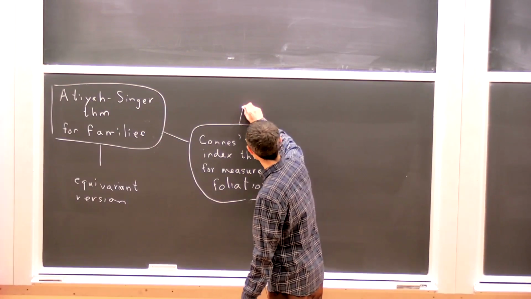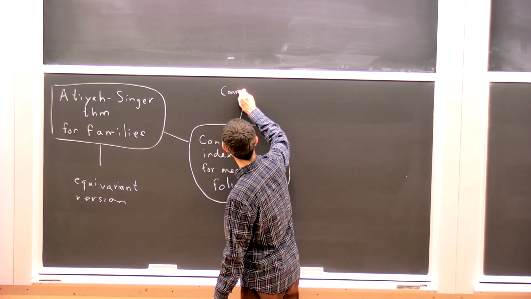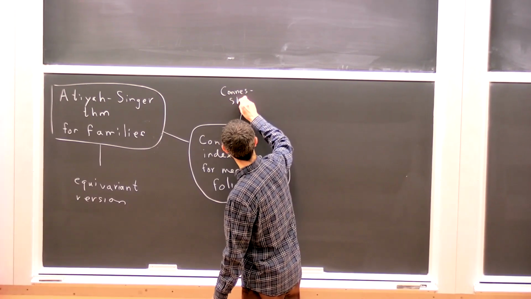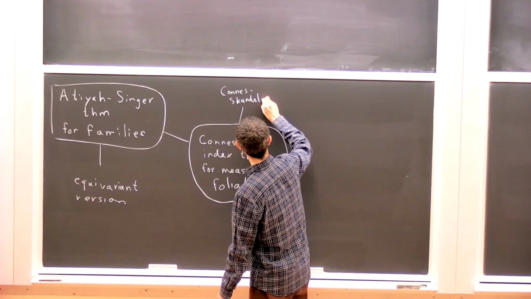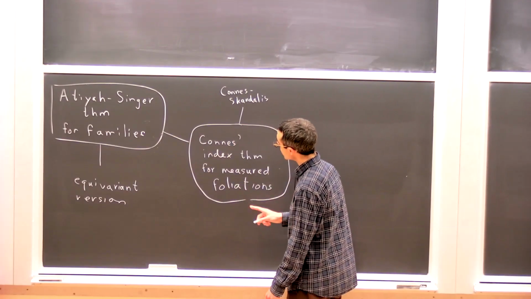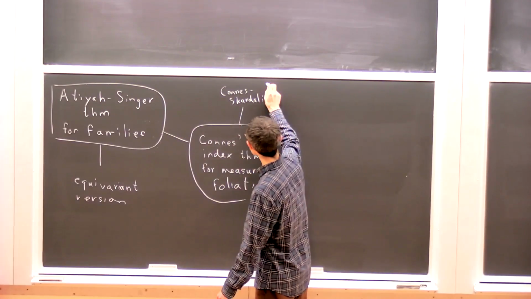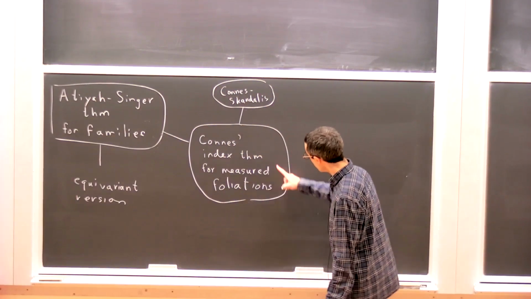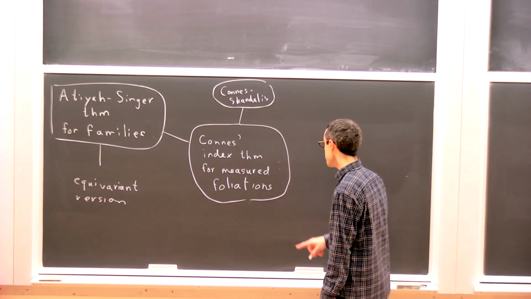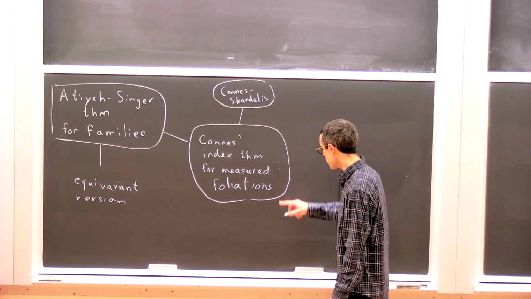There's also a stronger theorem that I'm not going to say anything about today, due to Kahn and Scandalis, which is essentially a direct generalization of this theorem. Okay, but I won't say anything about that today. But this will be relevant for today. And then this was further generalized.